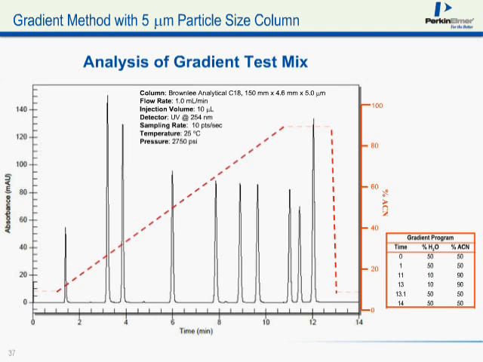The gradient here is represented by the dashed red line, and that's in percent of acetonitrile. So basically the gradient starts at 50% acetonitrile, and then moves to 90% acetonitrile, and then returns back to 50%.